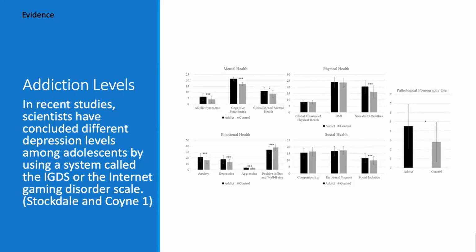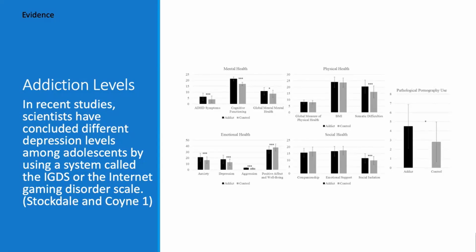There are other ways to determine the addiction level and how it affects mental health, such as the game motivation scale as well. This was all tested on adolescent individuals. This graph shows the difference between the game addicts and the individuals who have control over their game. There is a significant change between those who are addicted and those who are not.